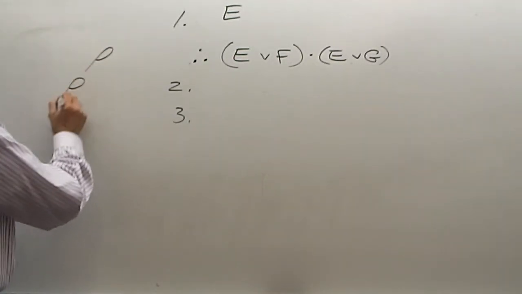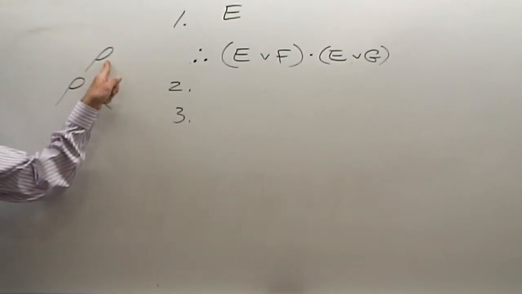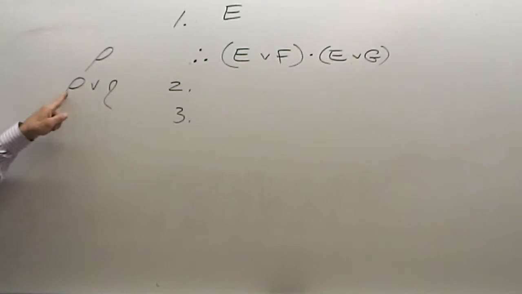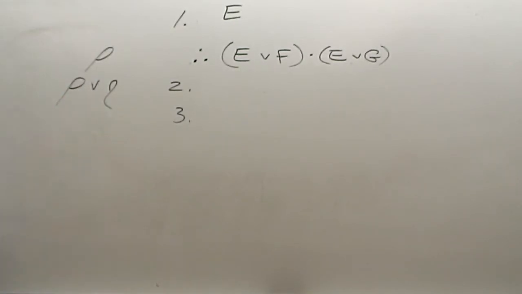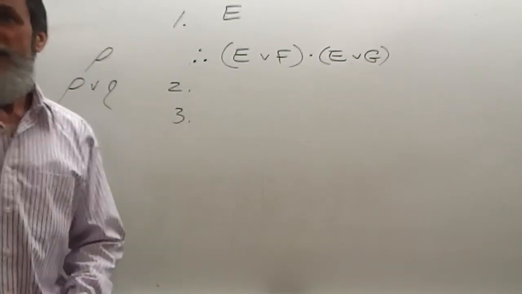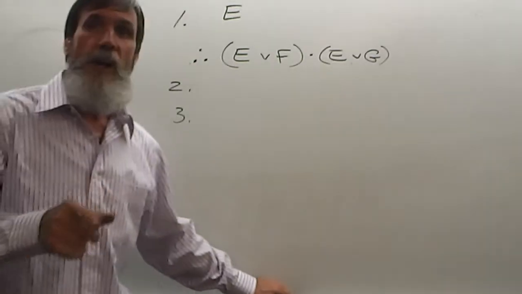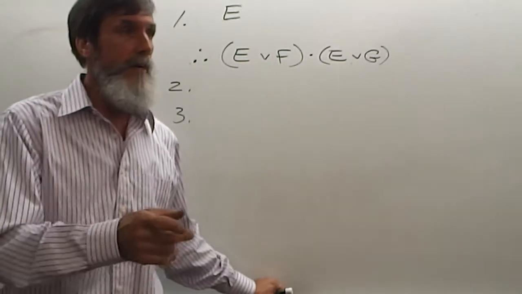Addition says, from any premise whatsoever, you can conclude the disjunction of that premise and whatever you want. So that includes statements that don't even exist in the argument. So we know that one of these 2 steps is going to be addition, don't we?